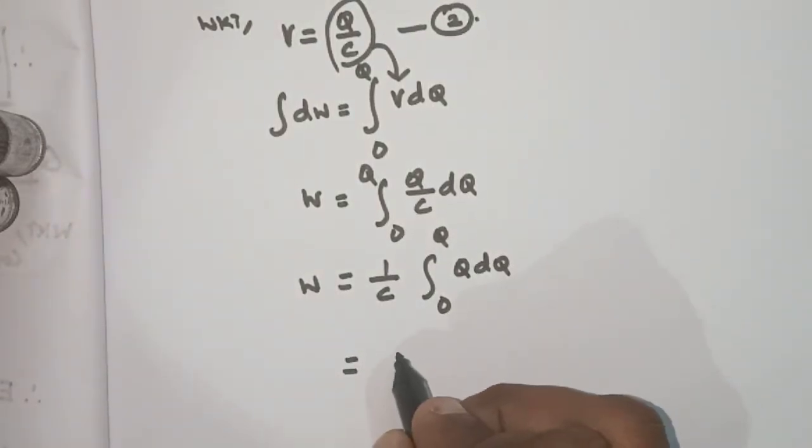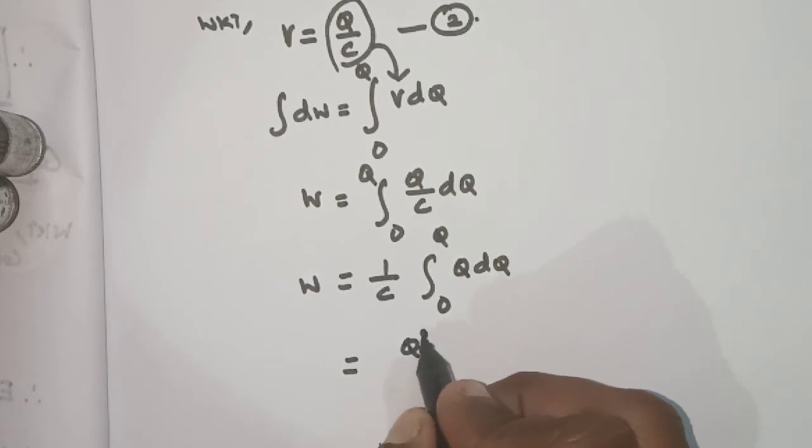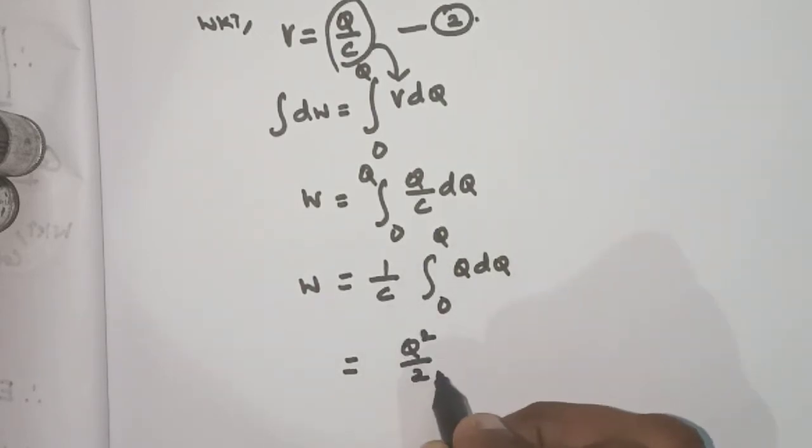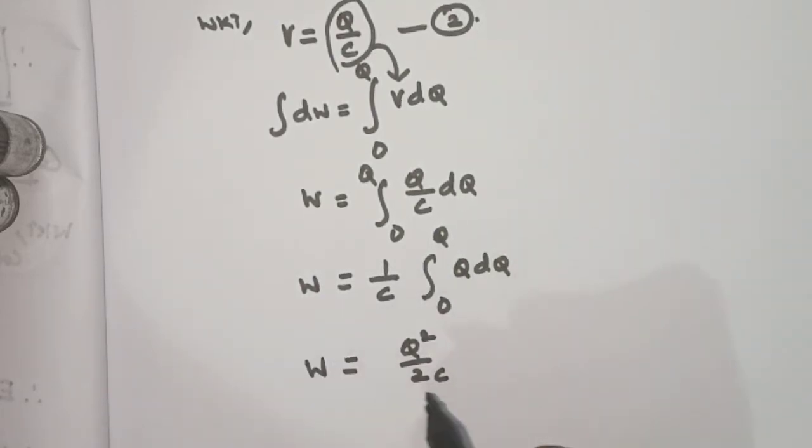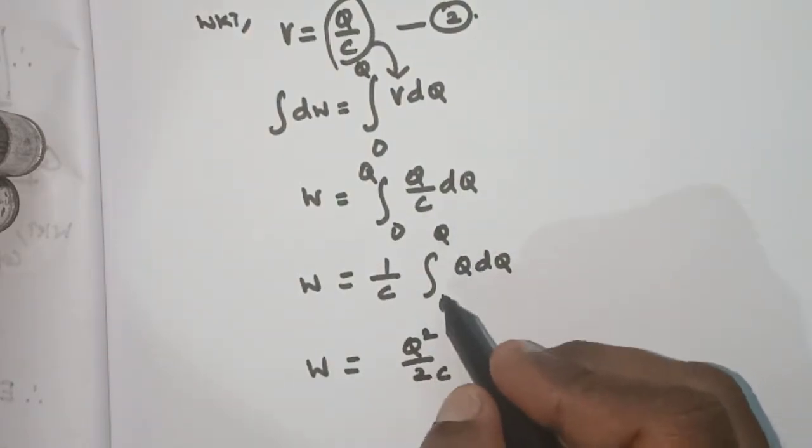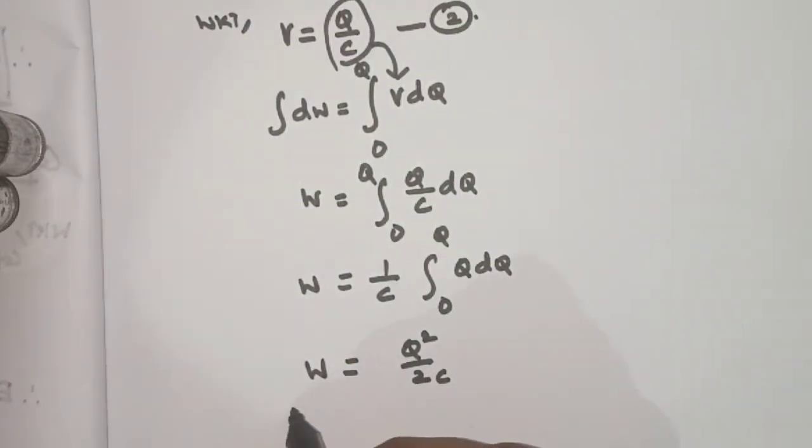After integrating we will get q squared by 2C, applying the upper and lower limits.